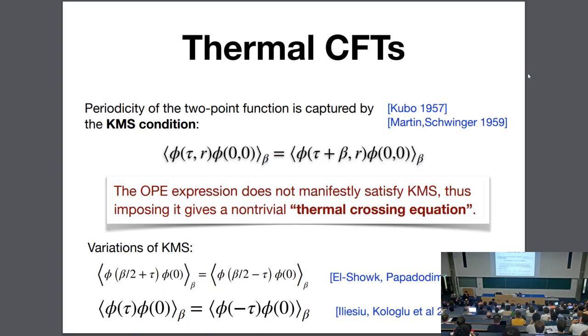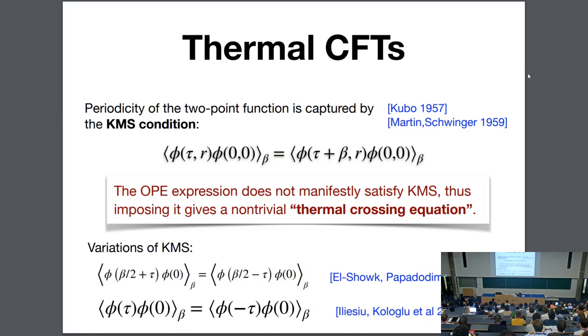We have one more thing going for us. This goes under the name of the KMS relation, from Kubo, Martin, and Schwinger. This is that the 2-point function, and of course higher point functions, have this periodicity property. You can shift tau by beta.